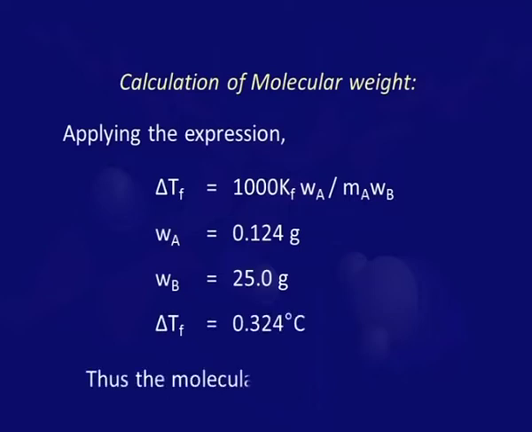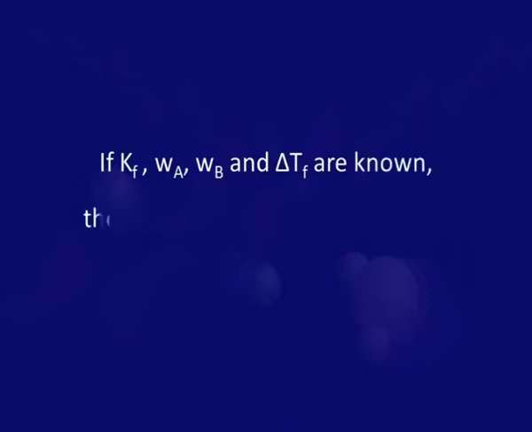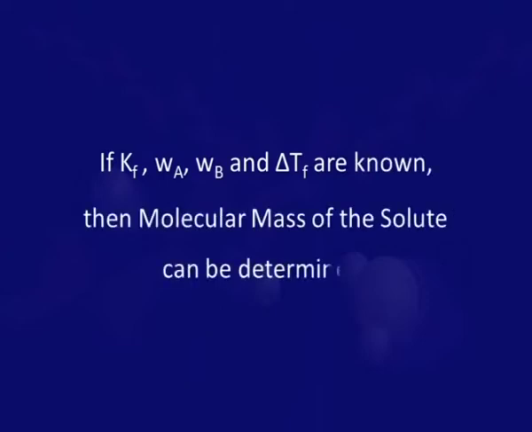Thus, the molecular mass of X is 59.09 grams per mole. If Kf, Wa, Wb and delta Tf are known, then the molecular mass of the solute can be determined. As compared to elevation in boiling point, depression in freezing point can be measured more accurately and with less difficulty.